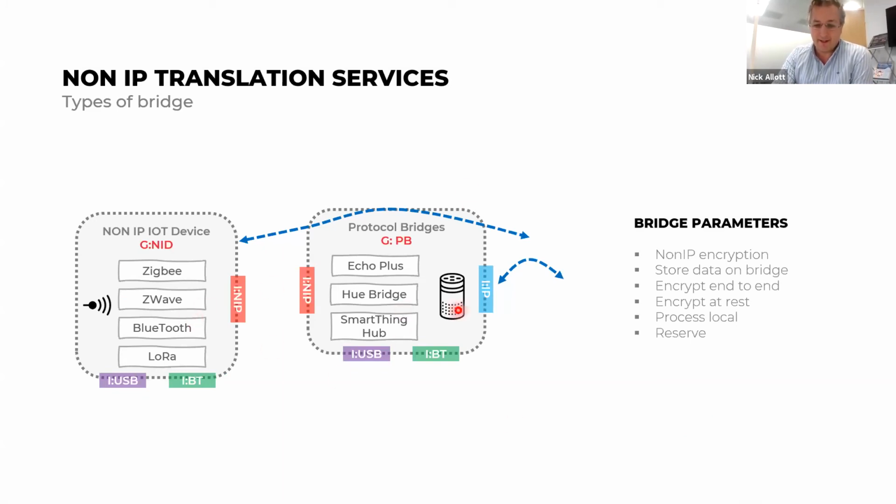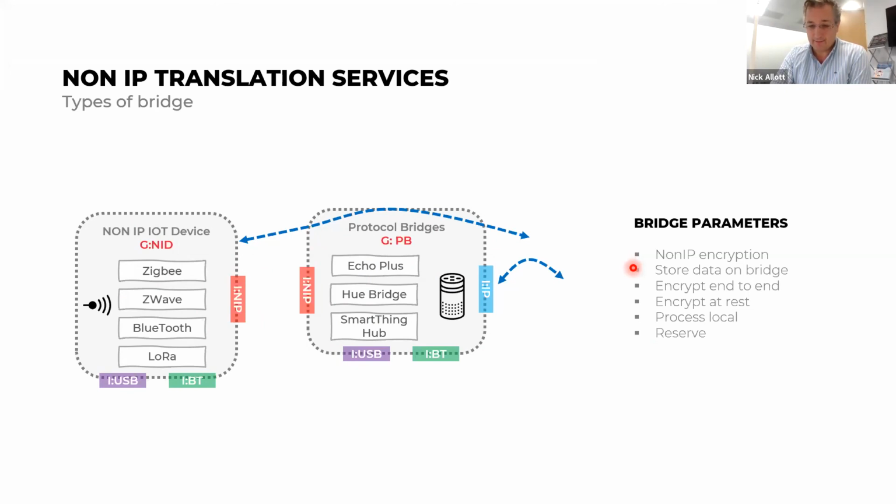Non-IP devices. Fairly straightforward. I talked about it a bit before. How do all of these talk to these? There are lots and lots of different lines. But it introduces some interesting design questions about what you want these protocol bridges to do. If you ever want them to do edge-based processing, you need encrypt, decrypt, store, encrypt, decrypt.